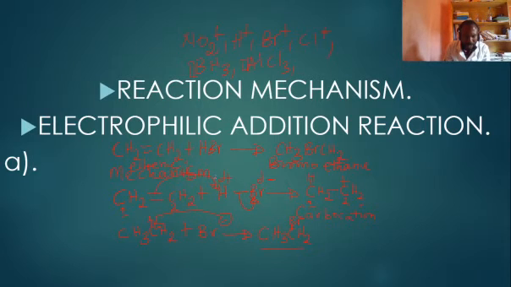Because we add across the double bond, so we have added an electrophile, H plus, remember, H plus. This is the electrophile added across the double bond here, the pi bond. This is called an electrophilic addition reaction. That is A. We want to go to B.